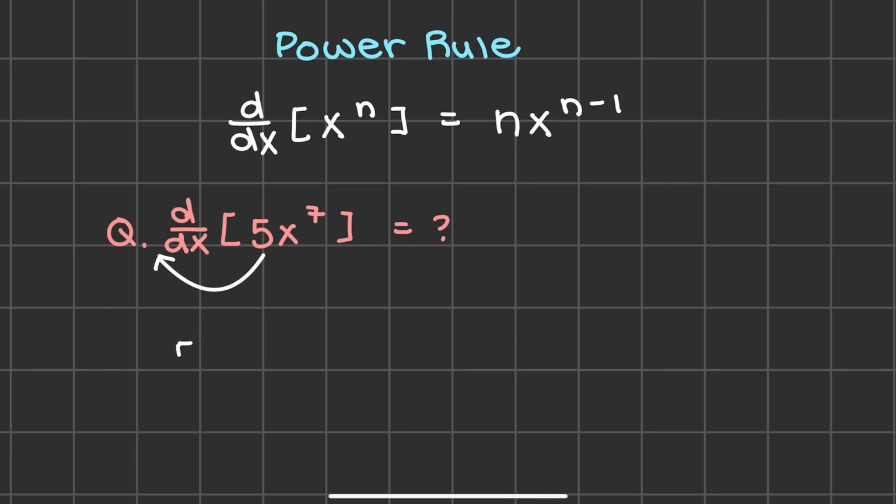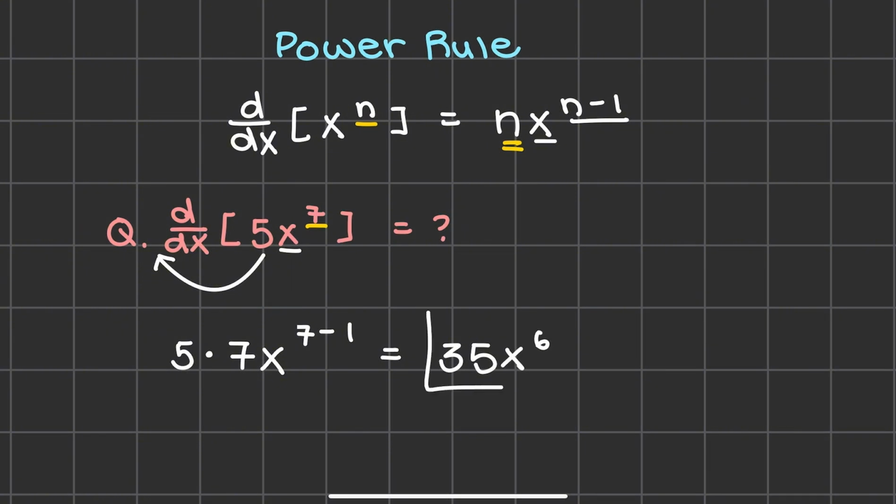That's the constant multiple rule. 5 times, in this case, as you can see here, n is outside, and n is also the exponent. In our case, the value of the exponent is 7, so multiplied by 7 times x, since it's still there, then to the power n minus 1. We understand that n is 7, so it'd simply be 7 minus 1. That would be equal to 35 times x to the 6th power. And that's your answer. Well, let's move on to the other rules then.